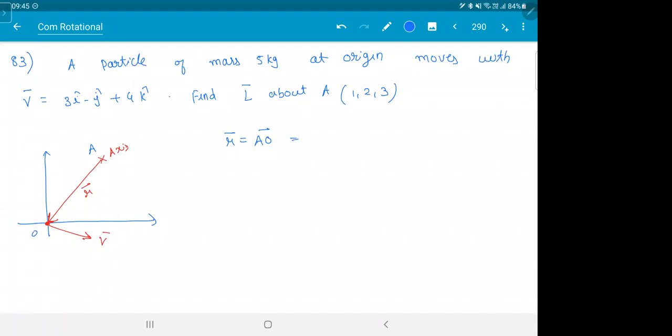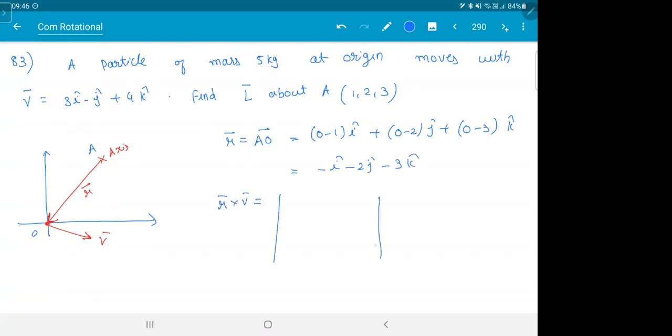So what is A to O bar? Means you're going from A to O. So O is final, A is initial. Final minus initial. 0 minus 1 i cap, 0 minus 2 j cap, 0 minus 3 k cap. Minus i minus 2j minus 3k. That's your R bar. Find R cross V bar. What is this?